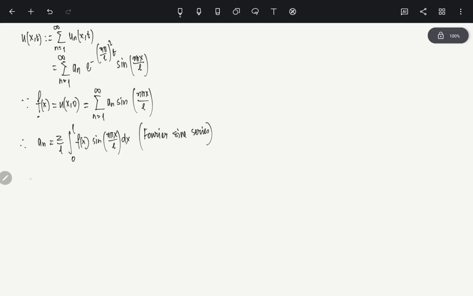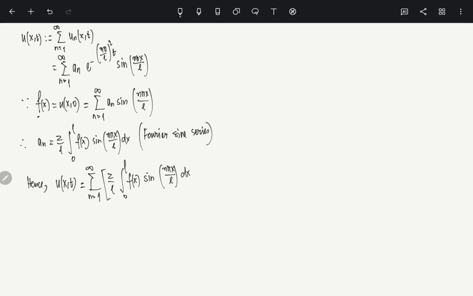So if you have this, hence the original solution, the solution which you are actually interested in, u of x,t, will look like this: summation n equals 1 to infinity, and then you have this a_n, which is 2 by l, integral 0 to l, f of x sine of n pi x by l dx, and then exponential of minus (n pi by l) squared times k times t, and then sine of n pi x by l.